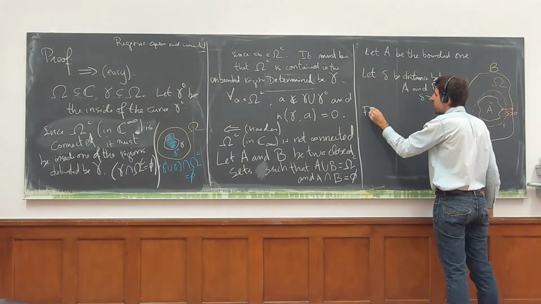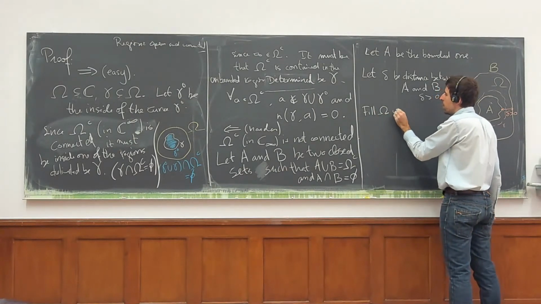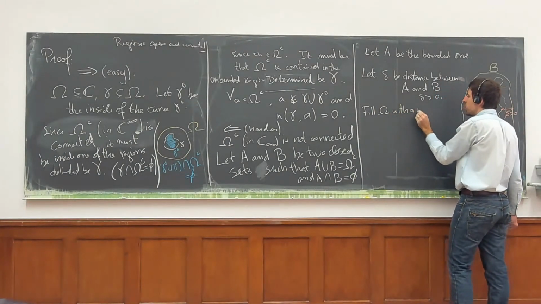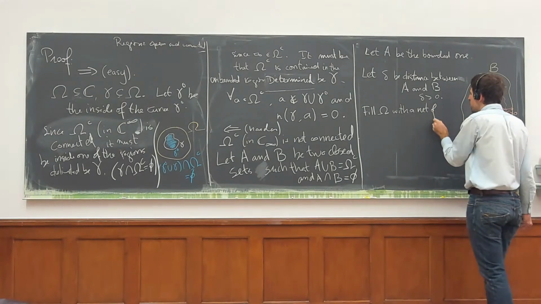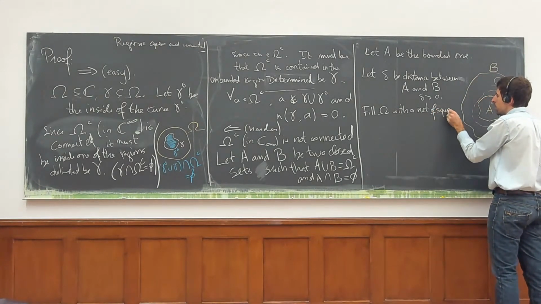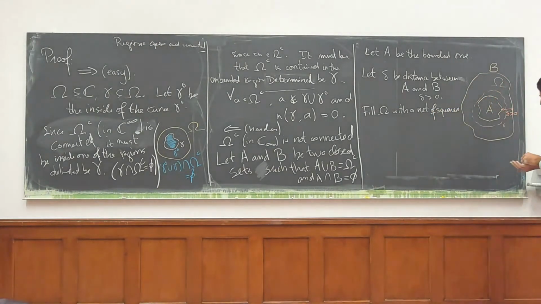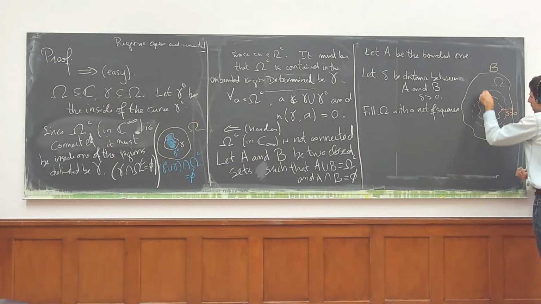So fill with a net of squares. So let me do a picture. Okay, so let me see if I can draw a good picture, right? So take something like this.